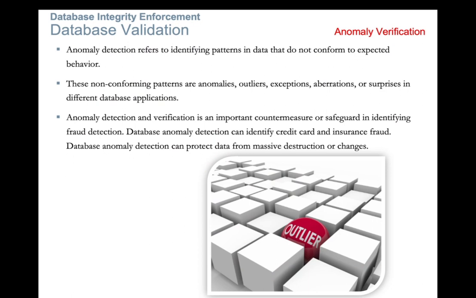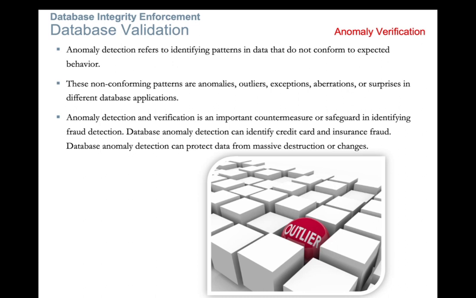So a second example, suppose for this anomaly verification, occurs when an unusual number of email address modifications happen in an unusual number of database records.